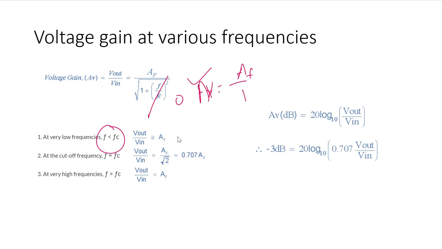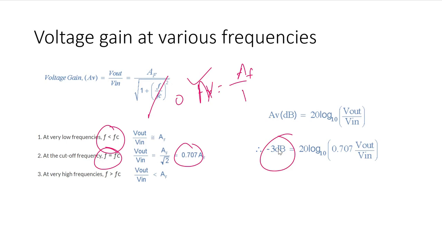Okay. At frequencies equal to FC, we will have a 0.707 roll-off, and 0.707 is minus 3 dB. So when our frequency equals FC, the cutoff frequency, the gain will be minus 3 dB.